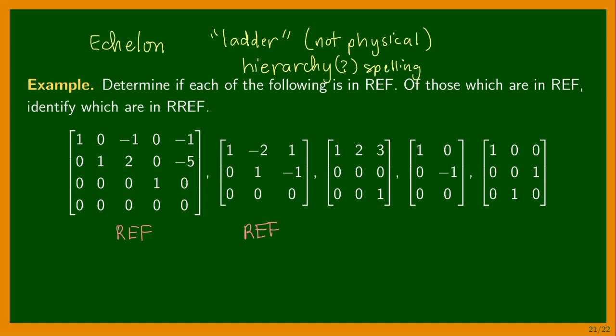May 0 row ba? Yes. Pero wala siya sa bottom kasi may non-zero sa ilalim niya, no? So, ito ay hindi REF. Lagay natin not in REF. So, walang chance maging RREF kasi hindi na siya REF in the first place, right?